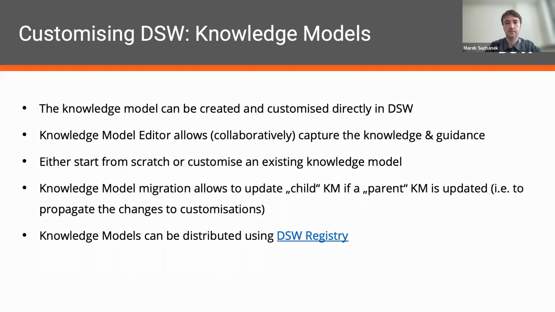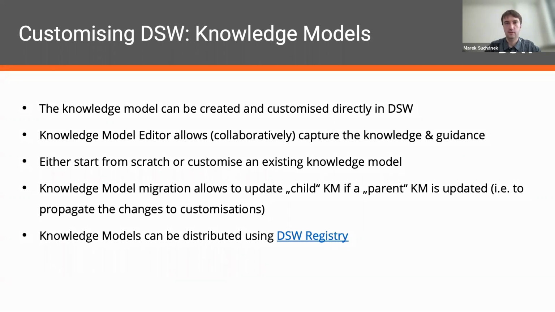So even if the knowledge model is already used by researchers, you can make an update, and then the researchers will be able to migrate to the new version very easily. Similarly, you can have a so-called parent or root knowledge model, which is generic, and you can make branches with some specializations, for example, to some domains or to some institutions.